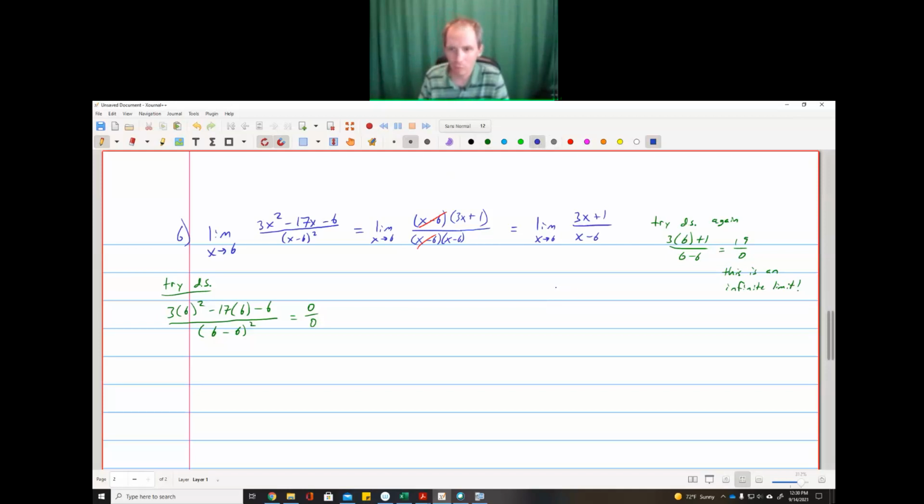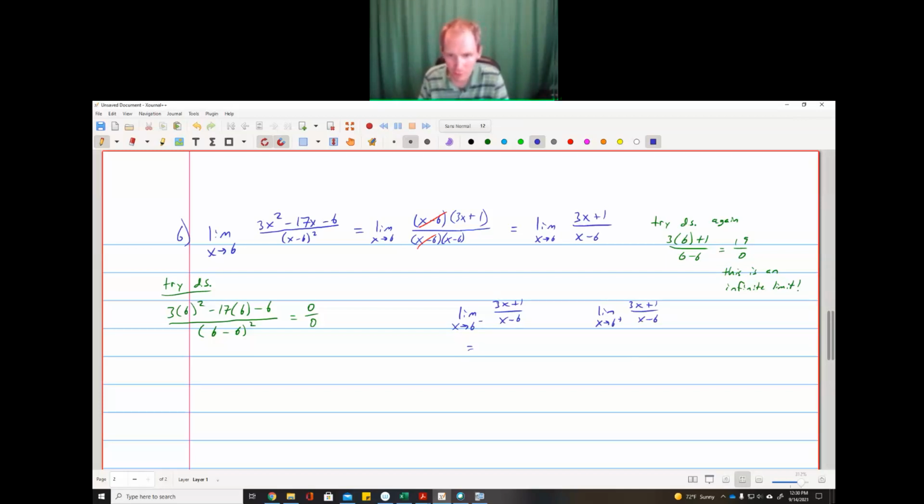So what we're going to do now is treat this as an infinite limit. And we're going to look at the limit as x approaches 6 from the left, and the limit as x approaches 6 from the right. Okay. And once again, I just want to keep track of the signs, right?